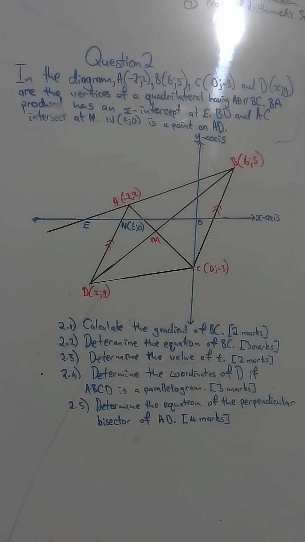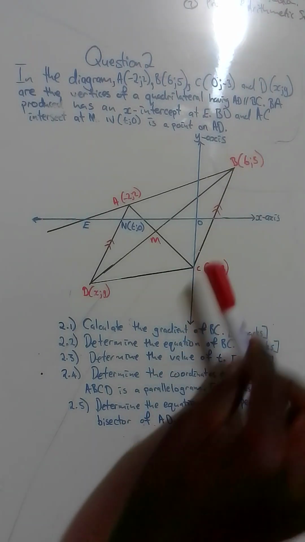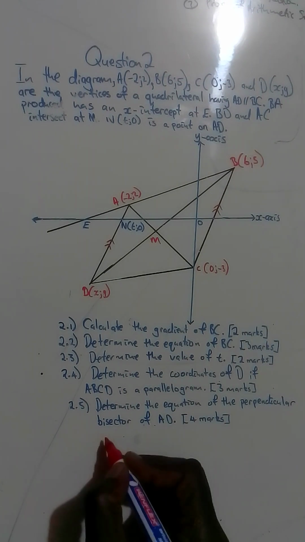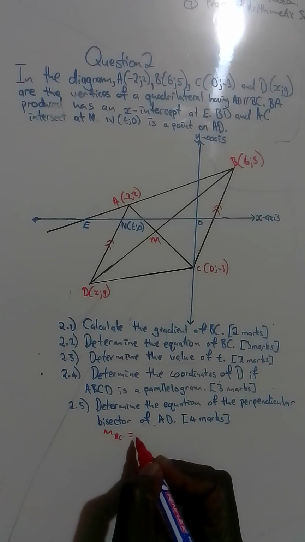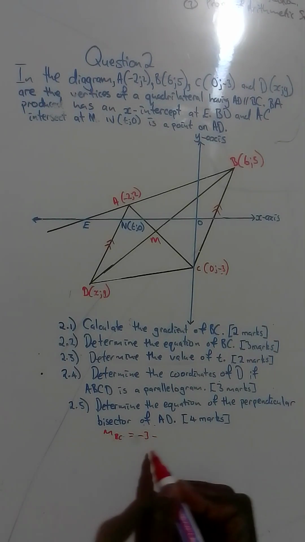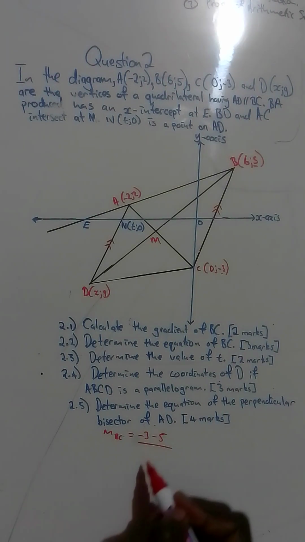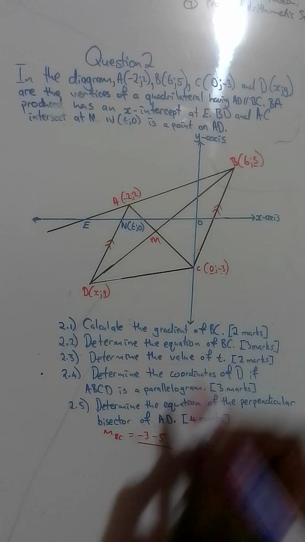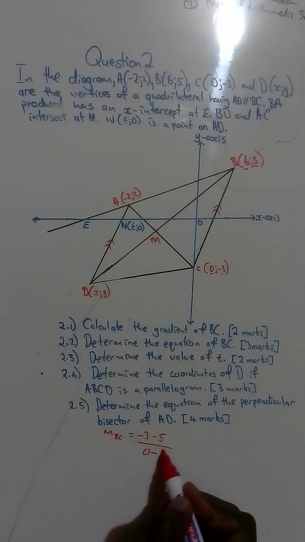First question, it says, calculate the gradient of line BC. So the gradient of line BC is equal to y at point C, which is -3, minus y at point B, which is 5, all over x at point C, which is 0, minus x at point B, which is 6.